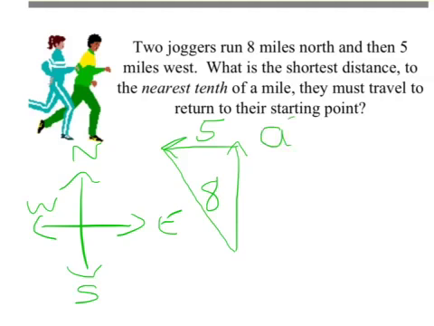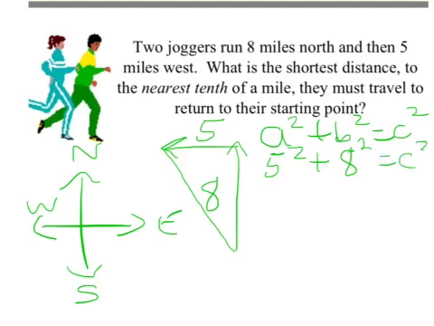So I start with my trusty old a squared plus b squared equals c squared. And I want to plug in the numbers in the right spots. So one of the legs is 5, so I'd have 5 squared. Another leg of my triangle is 8, so I have 8 squared, and I don't know the hypotenuse, so that's c squared.